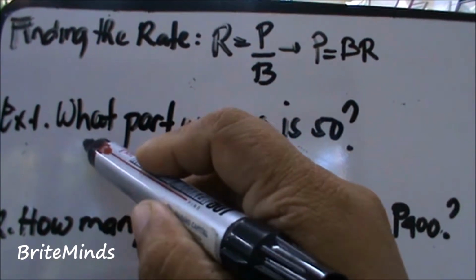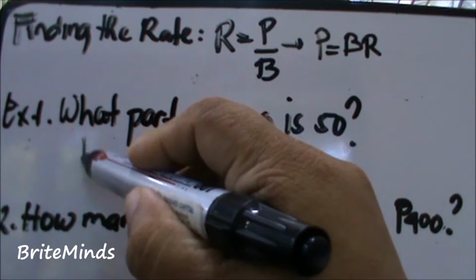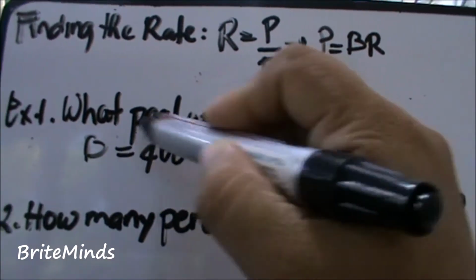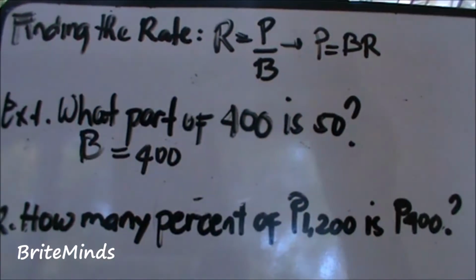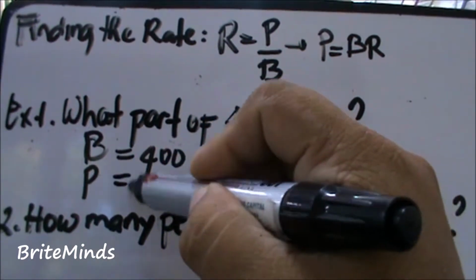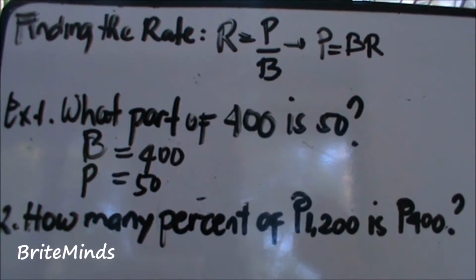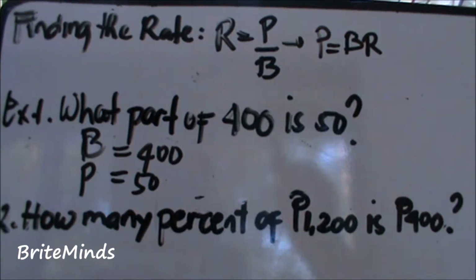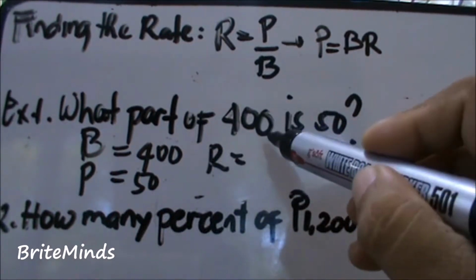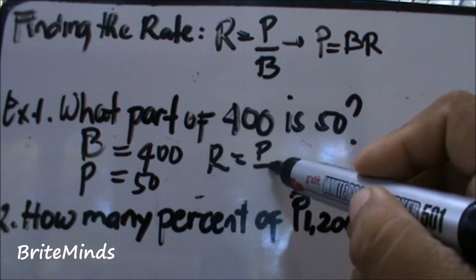The given is the base, which is 400, and then the percentage is 50. So using our formula, rate equals P over B.